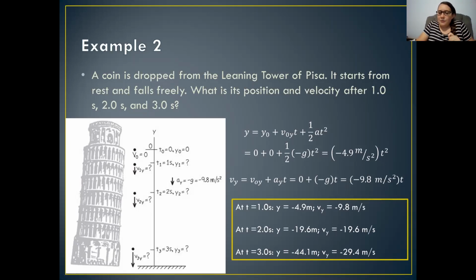Now, we can notice a pattern here if we look very carefully, right? For every 1 second that it's falling, the magnitude of its velocity has changed by 9.8 meters per second. And that's what acceleration means. It means how much the velocity is changing every second.